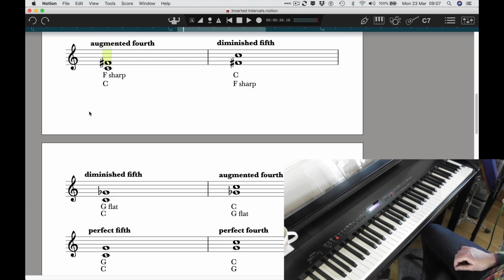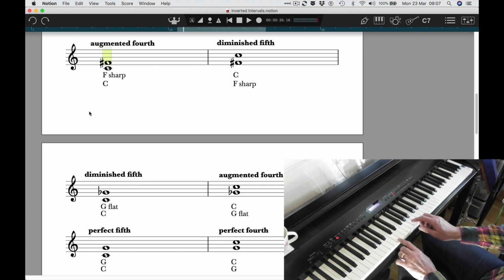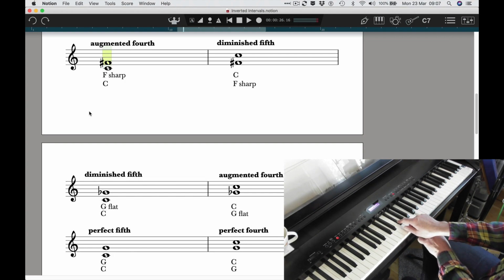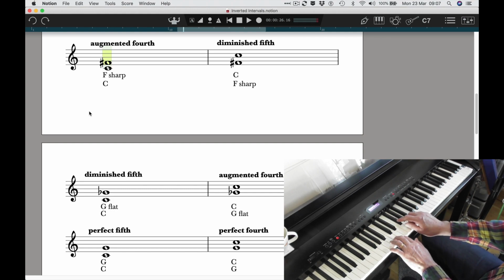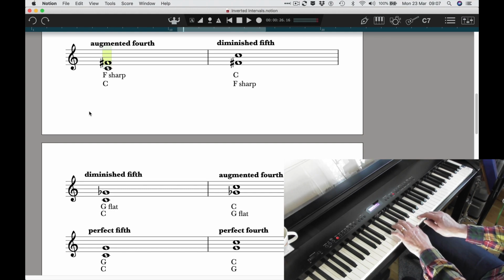What happens to augmented? Augmented becomes diminished, and diminished becomes augmented. So here's our augmented fourth, C to F sharp. If I put the C on top, it becomes a diminished fifth, F sharp to C.